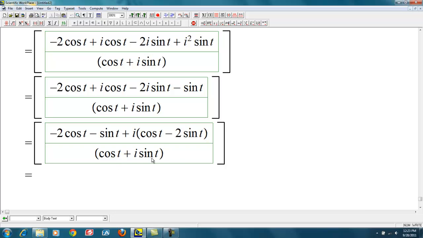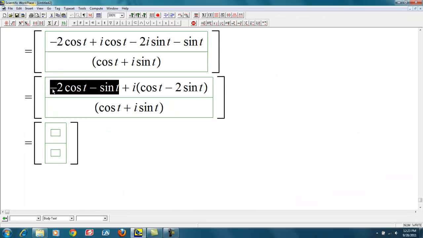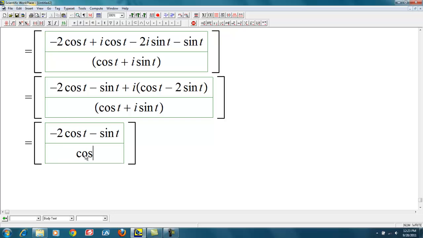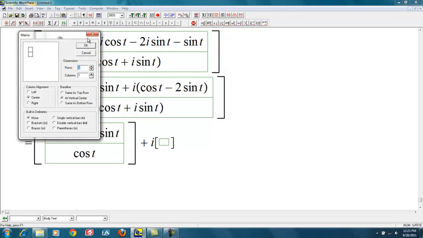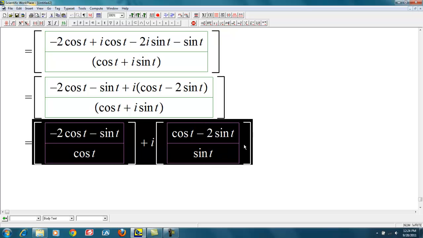If you look at it, this is the sum of my real part here, and cosine t right here, then plus I times the imaginary part, which is t plus 2 sine t, sine t. Very good. So what do we have? We have this.